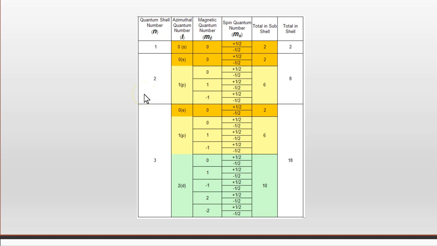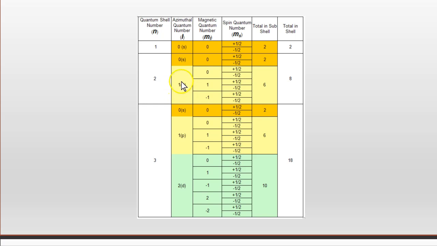In the n equals 2 shell, L can go from 0 to 1. When L is 0, M can range from 0 to 0. And within each combination here of n equals 2, L equals 0, M equals 0, we can have spins of plus or minus half, and that allows us, once again, two electrons in this shell right here, which is known as the S shell.